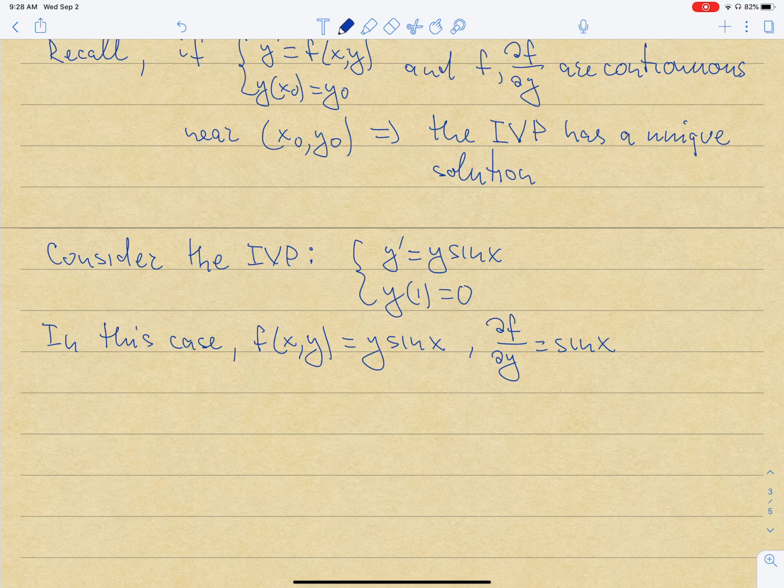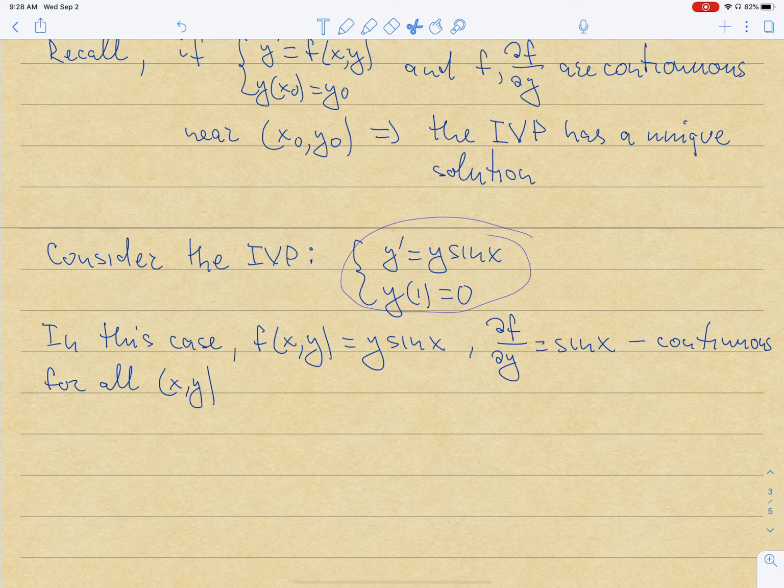Sine x is a function which is continuous everywhere. So both of those are continuous for all points x, y. Well, and then that means that any initial value problem associated with this equation has a solution, right? By this result that we just recalled. So therefore, this IVP has a unique solution.